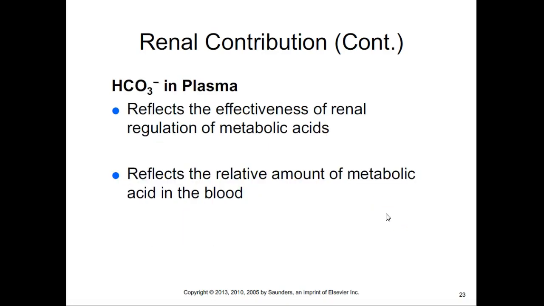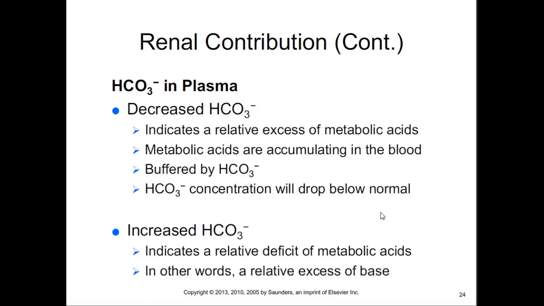So bicarbonate in the plasma reflects the effectiveness of our renal regulation of metabolic acids. Bicarbonate in the plasma is a very important measure, so it reflects the relative amount of metabolic acid in the blood. Decreased bicarbonate indicates a relative excess of metabolic acids. Does that make sense? Because remember, we're compensating.